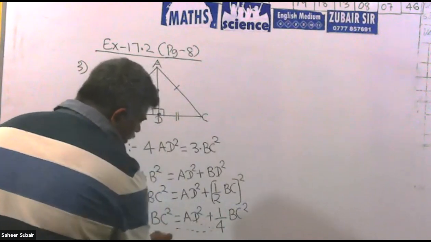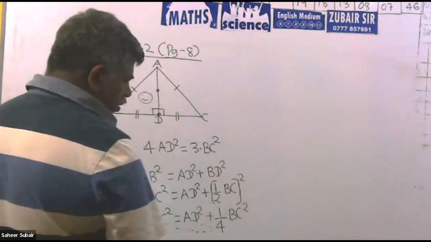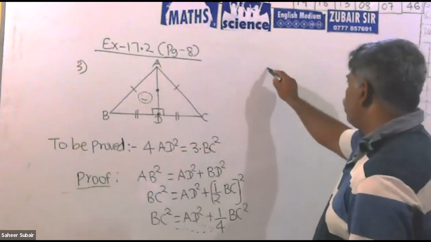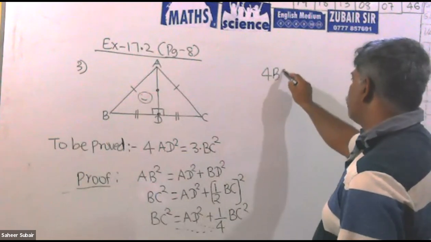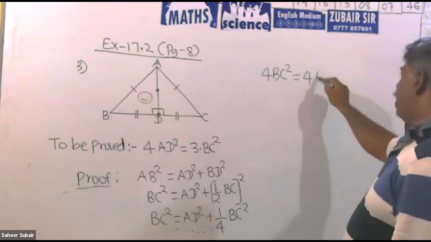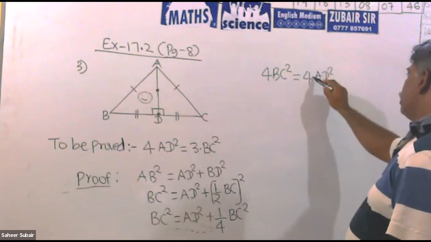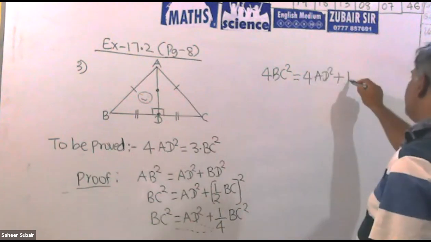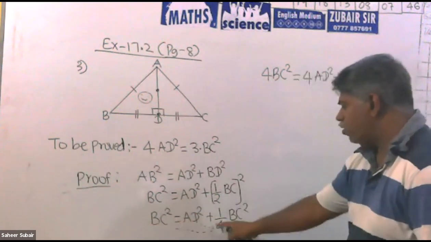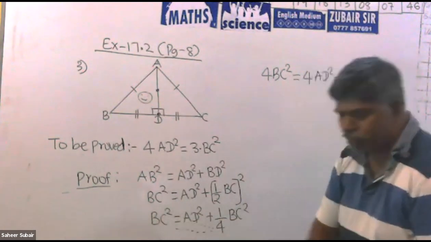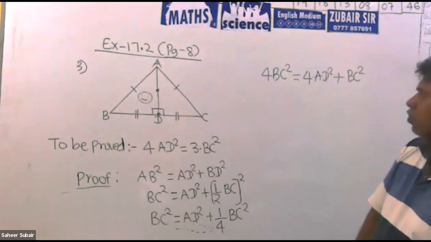So we'll multiply the 4 into the other parts, then that 4 gets cancelled. Multiplying everything by 4: when you multiply this by 4, 4BC squared equals, when you multiply this by 4, 4AD squared, plus when you multiply this by 4, the 4 gets cancelled, then BC squared. So multiplying each part by 4, this 4 gets cancelled.